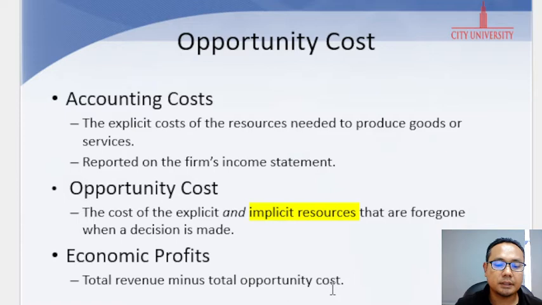Managers of large firms can use sources within the company, including the firm's finance, marketing, or legal department, to obtain data about the implicit cost of a decision. So implicit cost relates closely to the manager's decision.